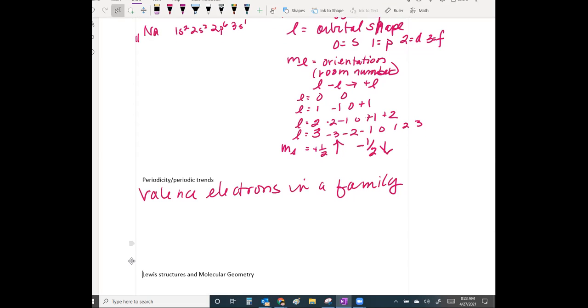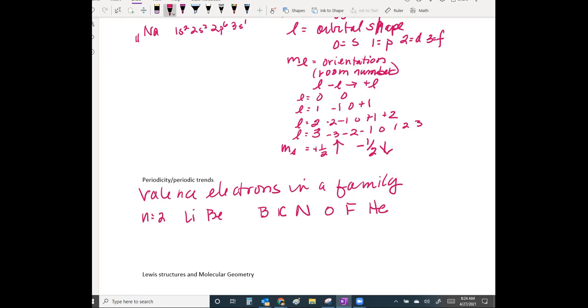So if you think about the second energy level, n equals 2, we have lithium, beryllium, boron, carbon, nitrogen, oxygen, fluorine, neon.